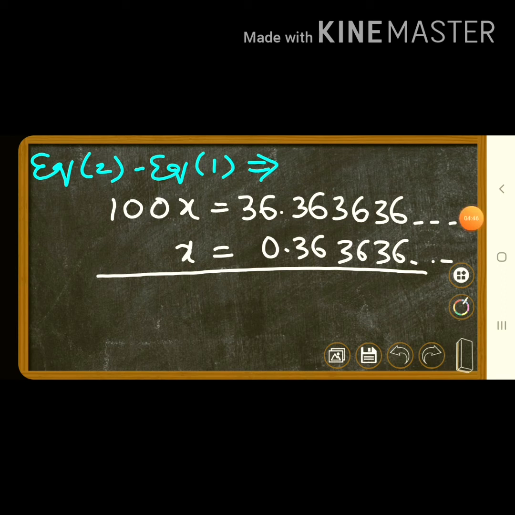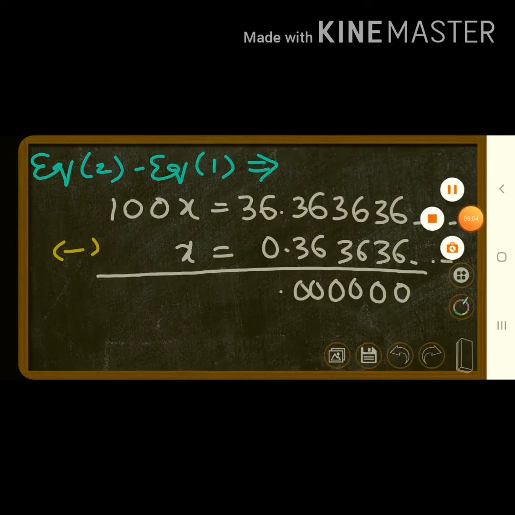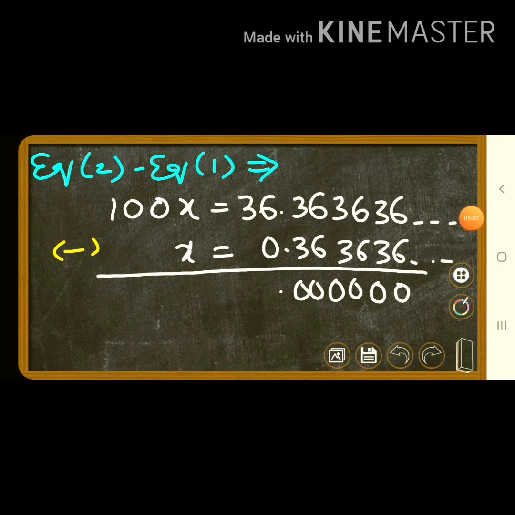We have to subtract these two equations. Here 6 minus 6 is 0. 3 minus 3 is 0. In the same way, we will get all zeros in the decimal part. 36 minus 0 gives you 36. 100x minus x, which is 1x, is equal to 99x.